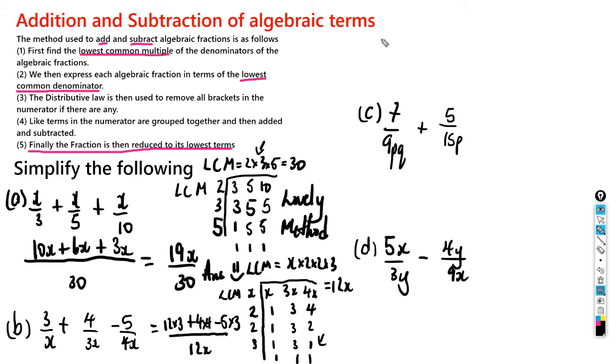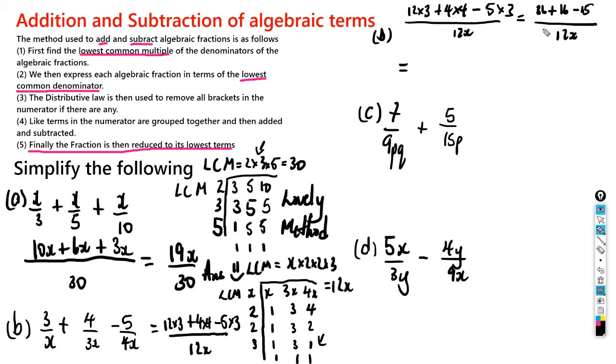So I'm going to write the answer up here for B. We're going to get 12 times 3 plus 4 times 4 minus 5 times 3 over 12x. So 12 times 3 is 36, plus 4 times 4 is 16, minus 15. So we end up with 37 over 12x, and that's our answer. Cool. Not hard at all, pretty simple to me.